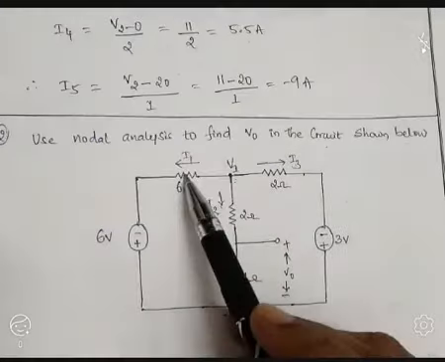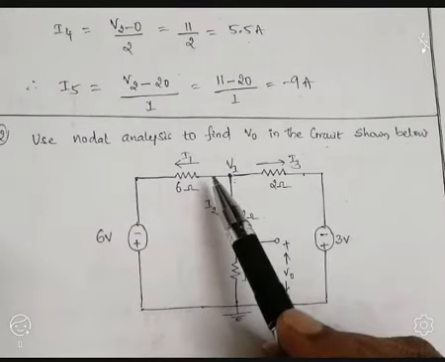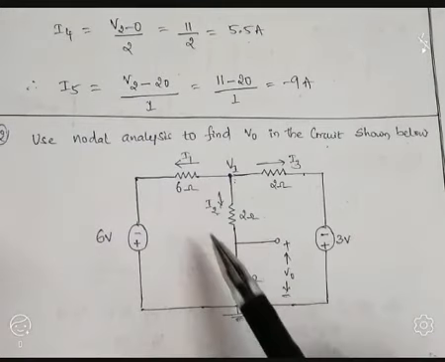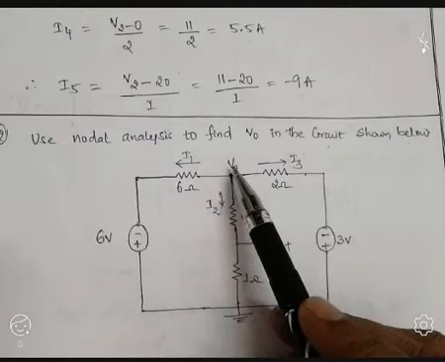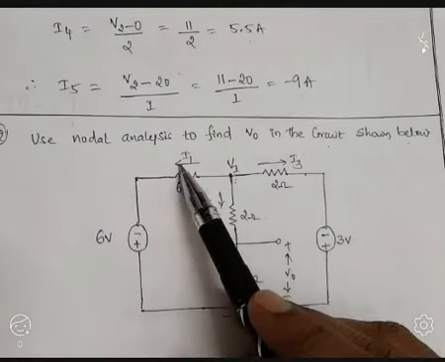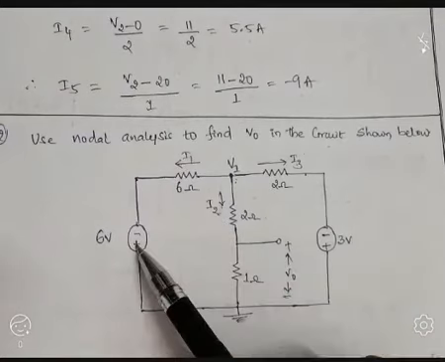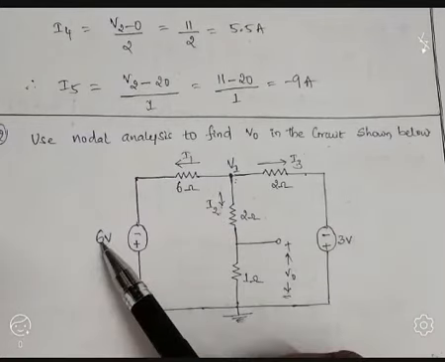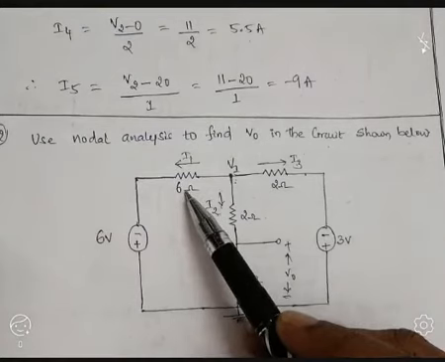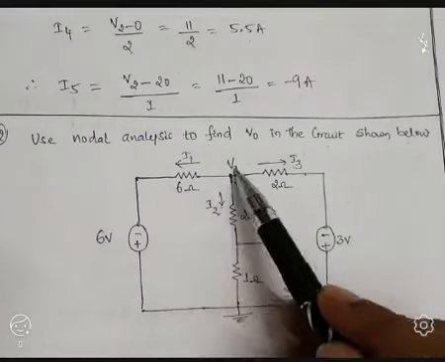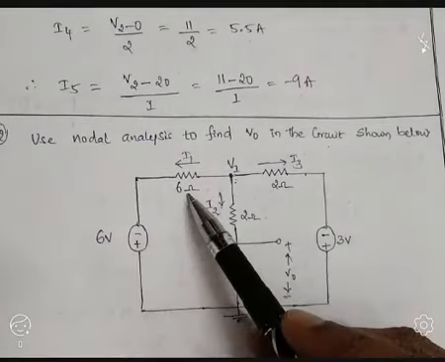So I1 equals what? Minus as it is, I will write I1 equals what? V1. See, the head of the arrow mark is pointing to plus polarity. Hence, V1 plus 6 divided by R. R is nothing but resistance, 6. Hence, I1 equals V1 plus 6 divided by 6.